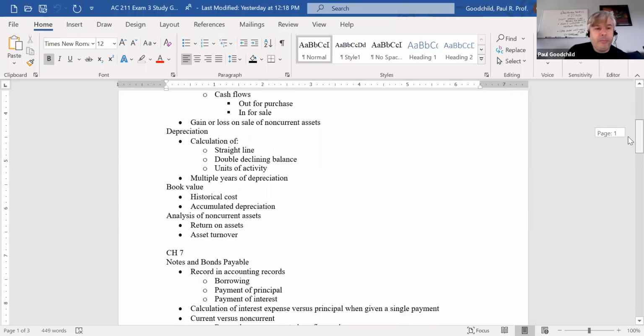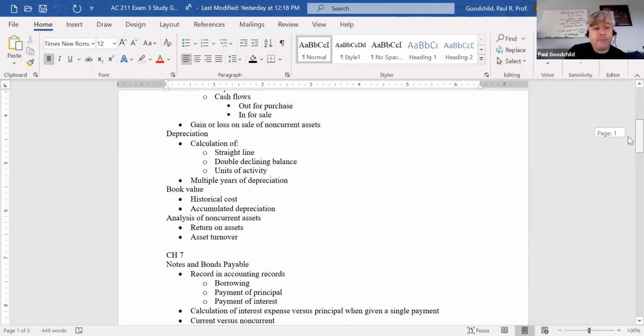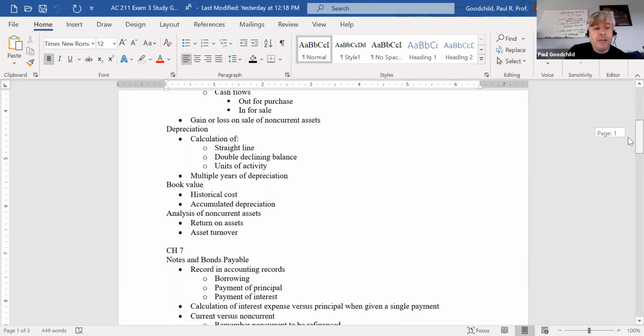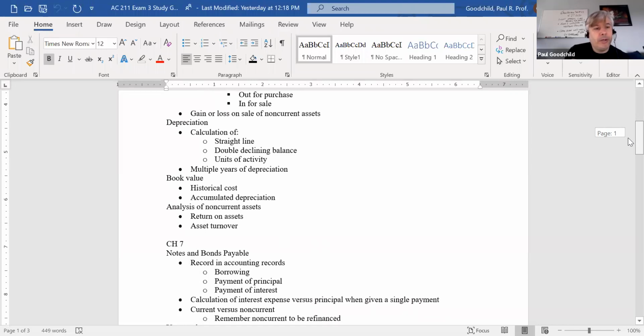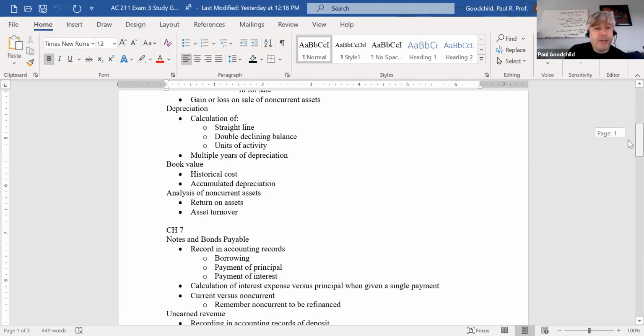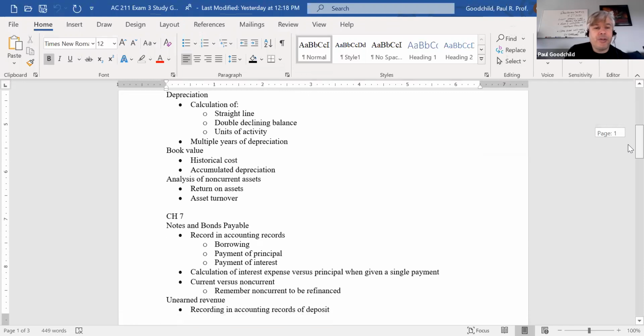You have to be familiar with book value, the historical cost, and accumulated depreciation, which is just the depreciation expense ongoing, recorded in a contra asset account. You also have a couple ratios that we discussed kind of in chapter 10, but they come into play at the end of each of these chapters. And so for non-current assets, you'd have return on assets and asset turnover.